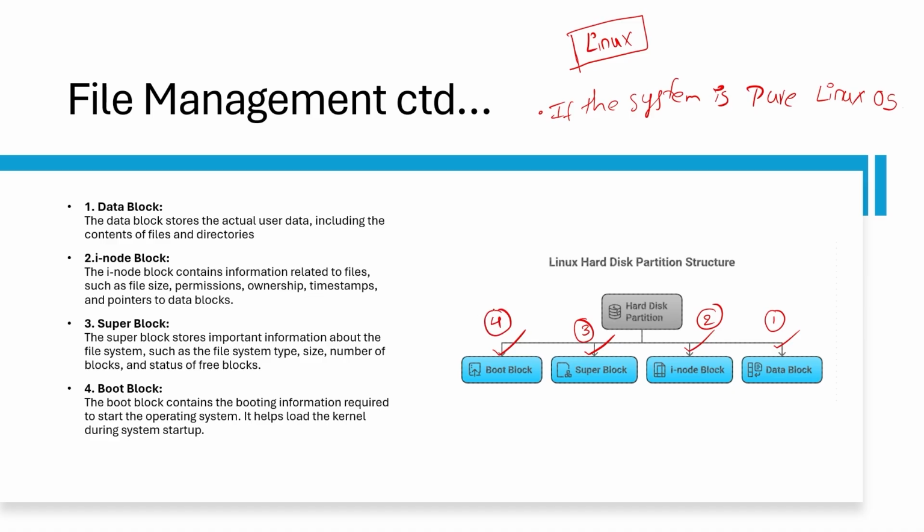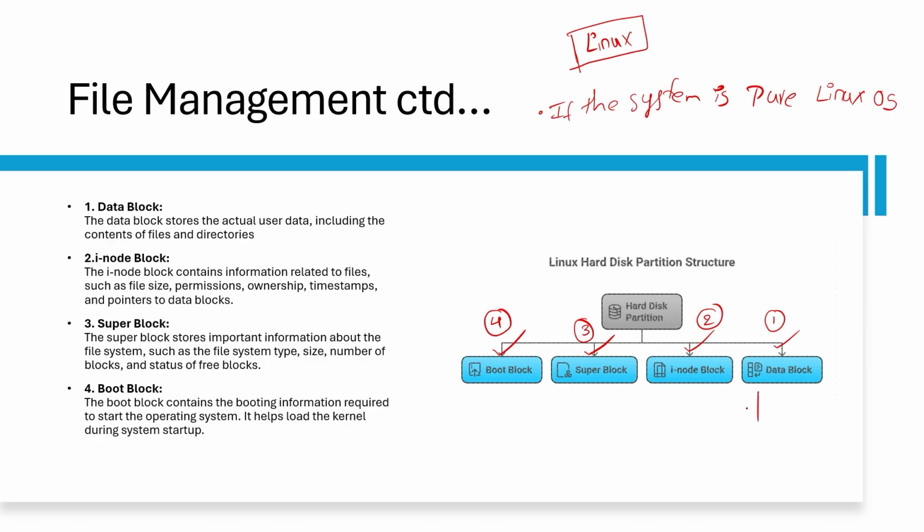Now see what the data block contains. Normal files and folders all get stored in the data block.